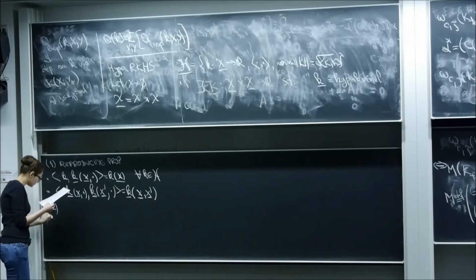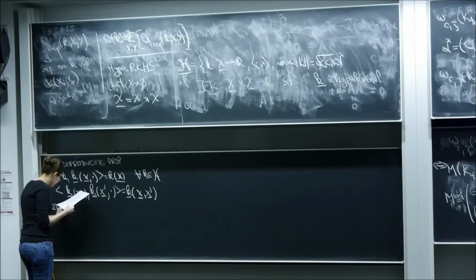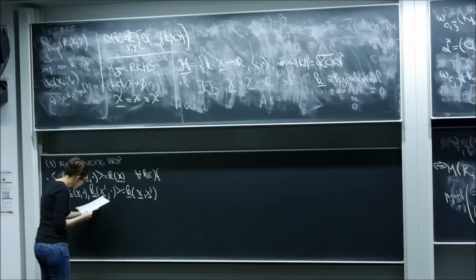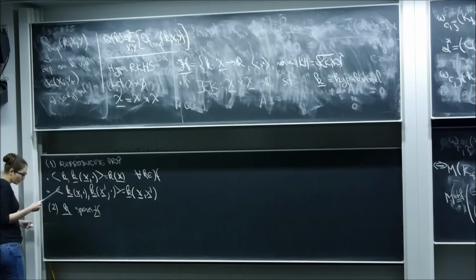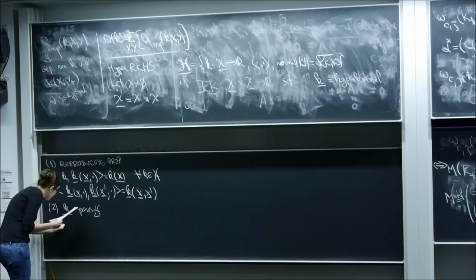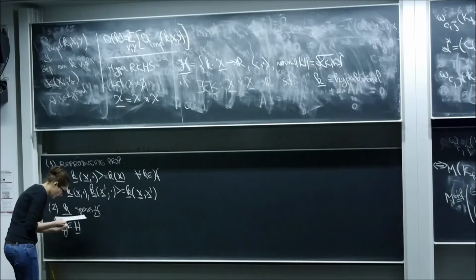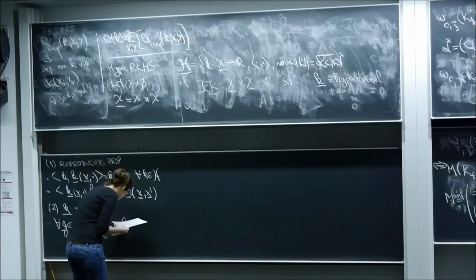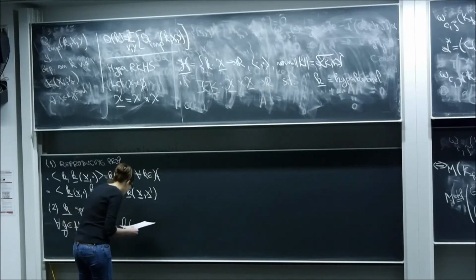This k bar spans h bar, which means that for all g bar in h bar, there exists xg bar such that g bar is an evaluation of k bar at xg bar.